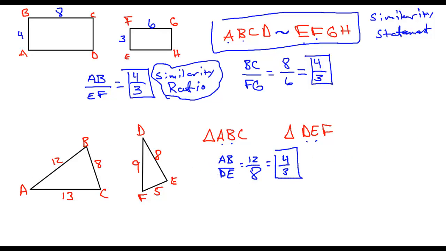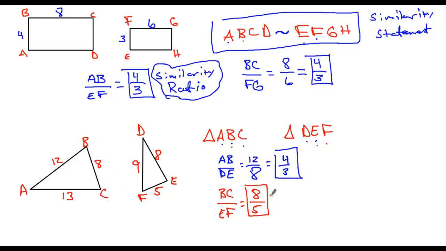Well, I got to check more than just those two, so I'm going to check BC over EF. Well, BC is 8 and EF is 5. So I can't simplify that any. So that's the similarity ratio between BC and EF.